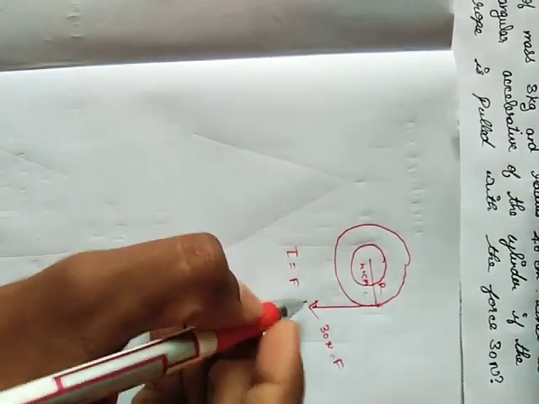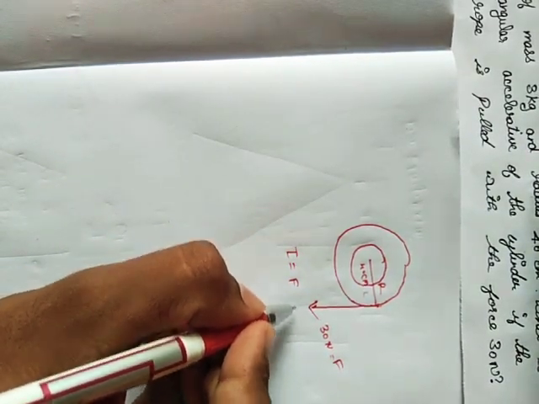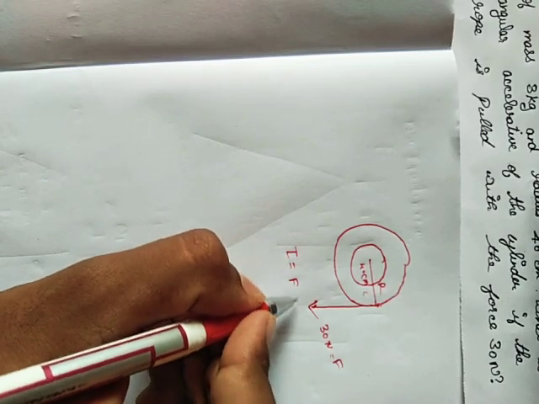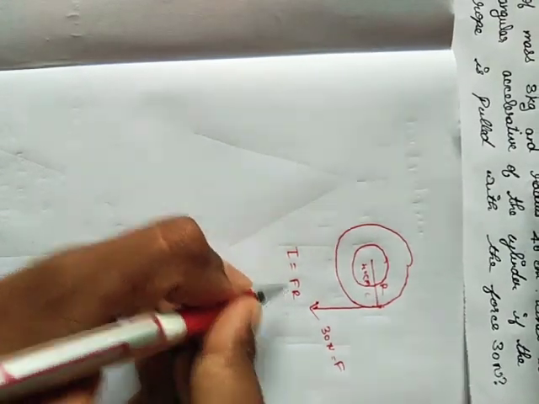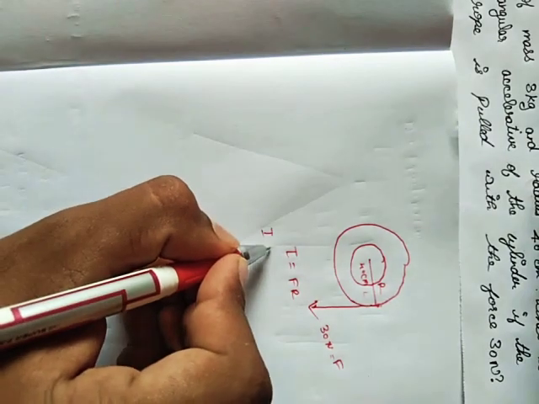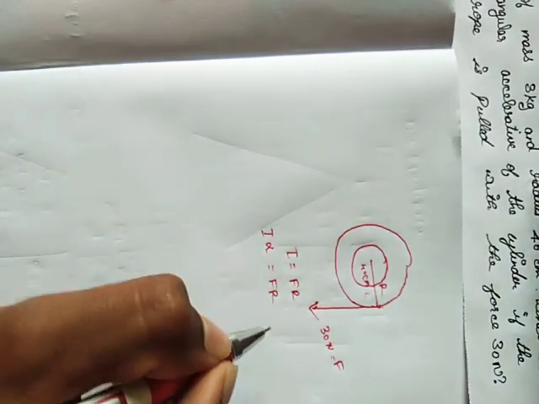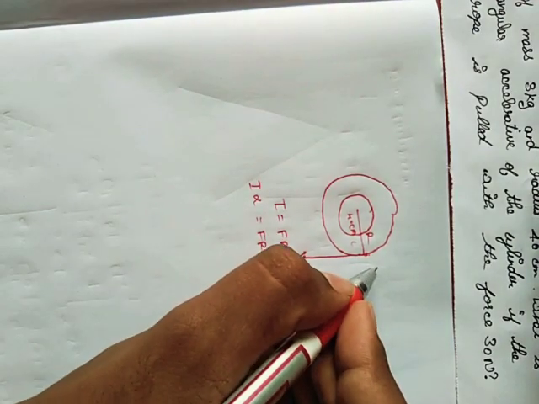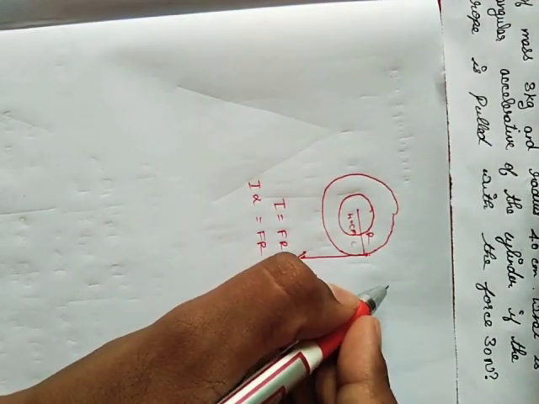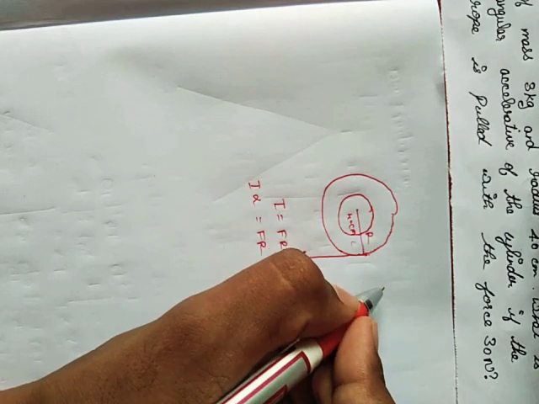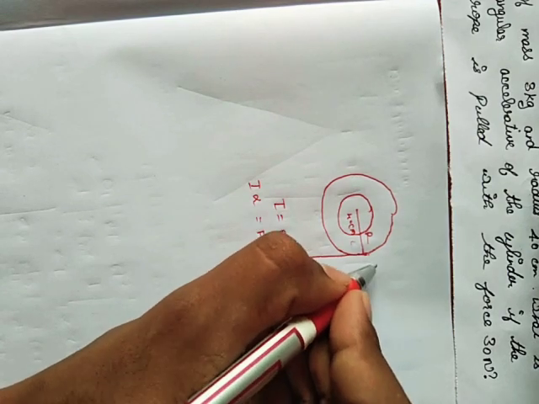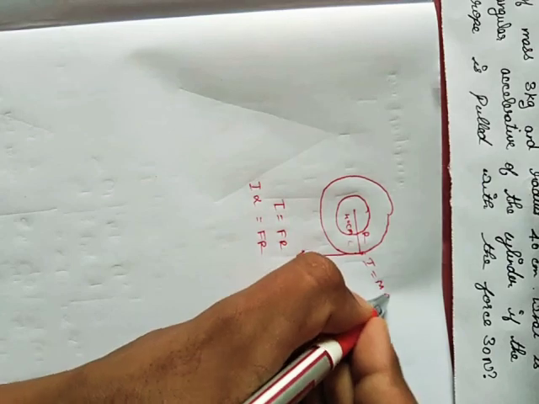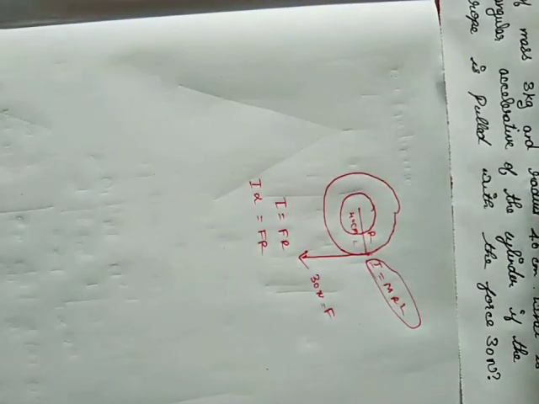Theta is 90 degrees, sine 90 will be 1, so only F into R. The torque is I into alpha, equal to F into R. What's the inertia of a hollow cylinder? I already discussed that the inertia of a hollow cylinder and a ring would be the same: M R square, for both.